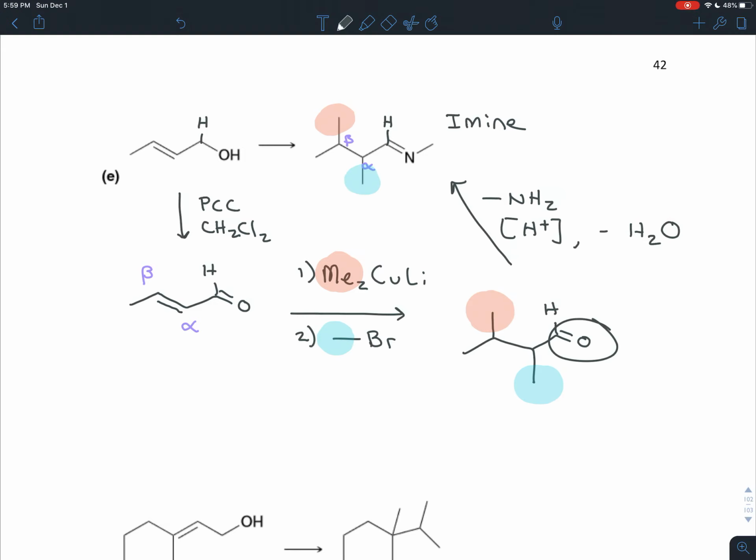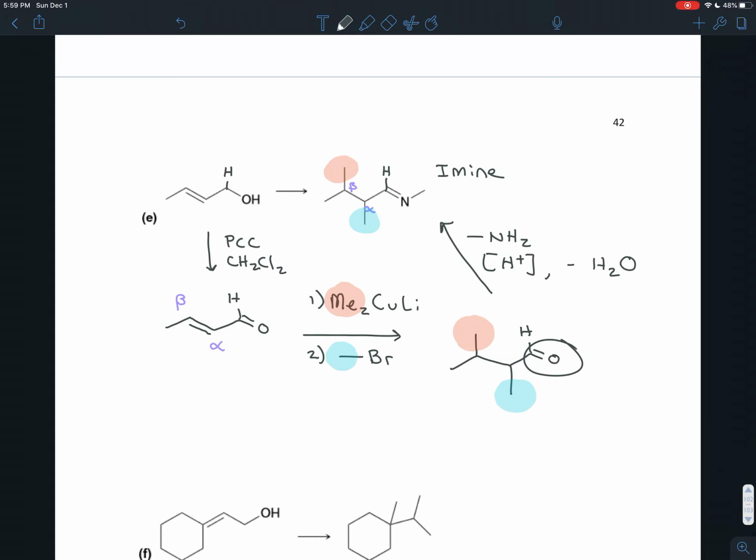So overall, in this synthesis, there are 4 steps. The first step is using PCC in dichloromethane solvent to turn the alcohol into an aldehyde. So a weak oxidizing agent.